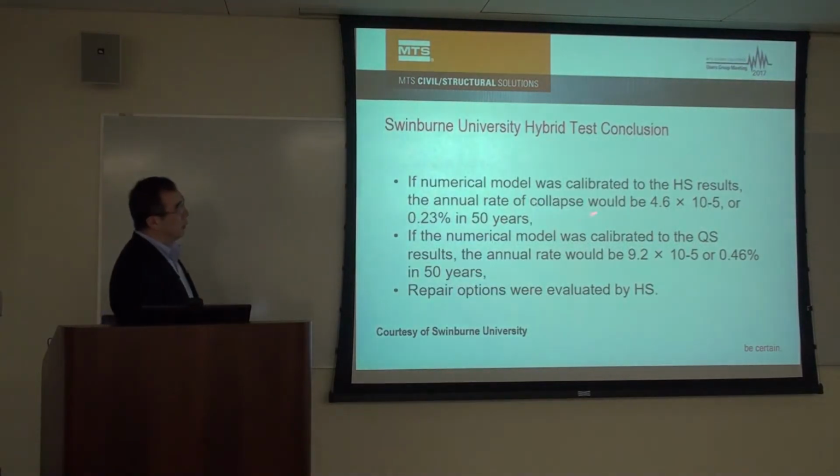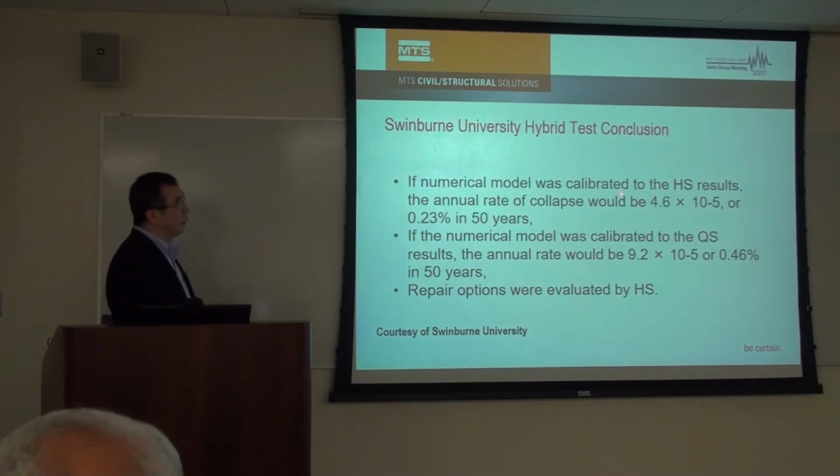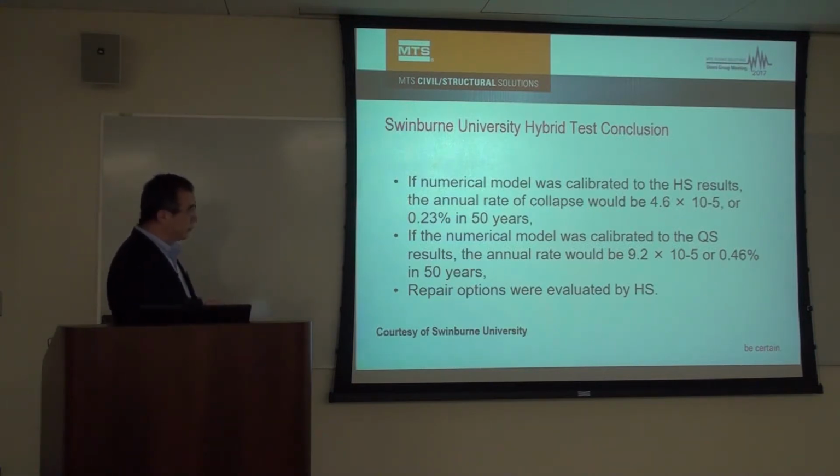This is a long story, and the result is that if you use a hybrid test, the damage is a lot less, and if you use a quasi-static test, the damage is much higher. The drift ratio for the quasi-static test is twice as much as the hybrid test.